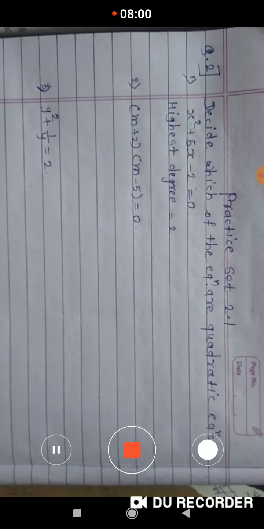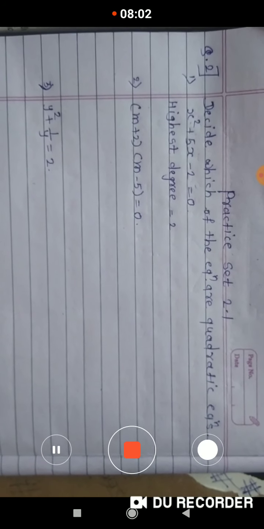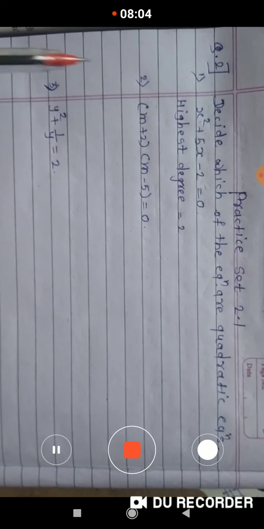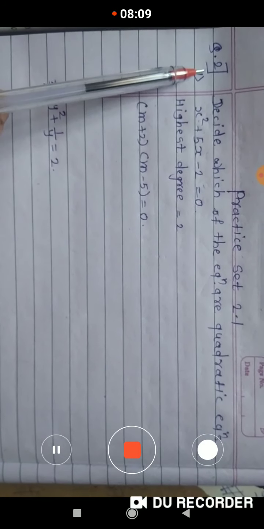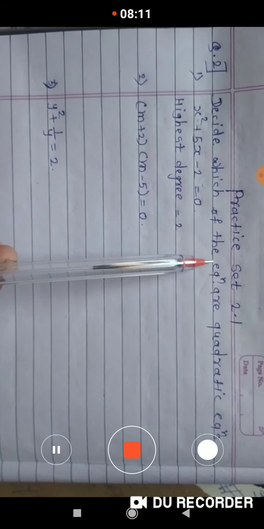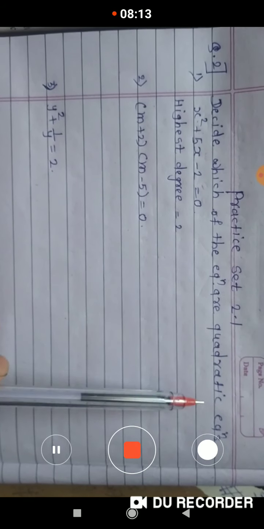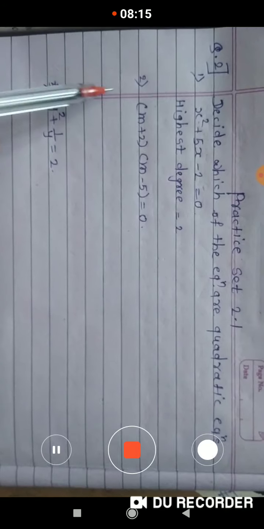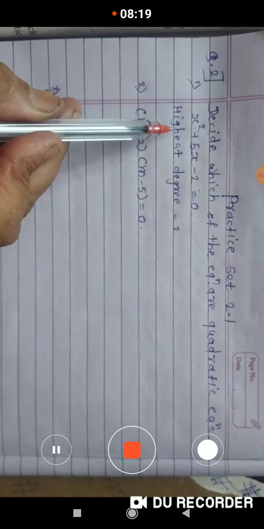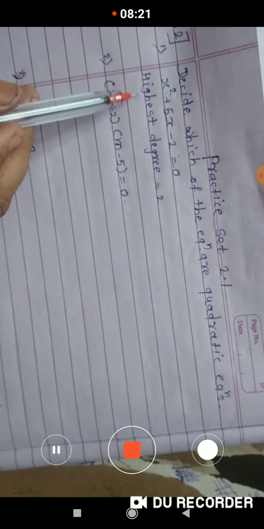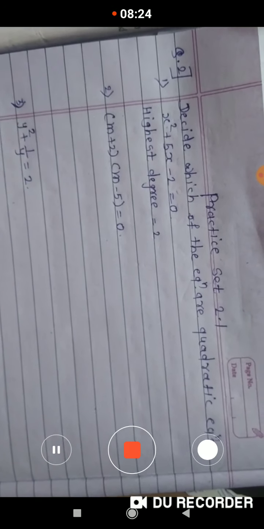Now see, the practice set 2.1 is based on the standard form of the quadratic equation, and also we have to search the value of a, b and c. See, in practice set 2.1, question number 2, decide which of the equations are quadratic equations. Now see the first one. Example is x square plus 5x minus 2 is equal to 0.